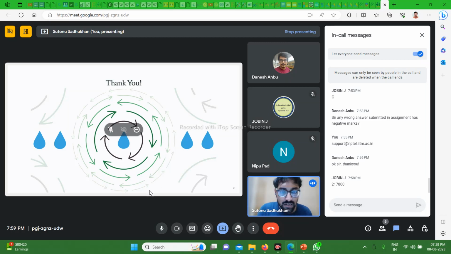Whatever we have discussed today, or if you are having any doubt in assignments, please tell me the assignment number and problem, and I'll solve a similar problem. If you have any problem with conceptual understanding, you can tell, and I will clarify that in the next session. Otherwise, I will continue with regular problem solving.